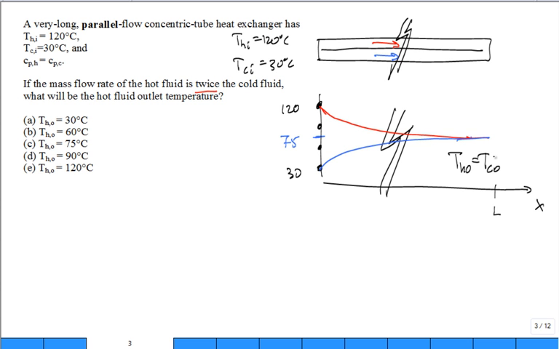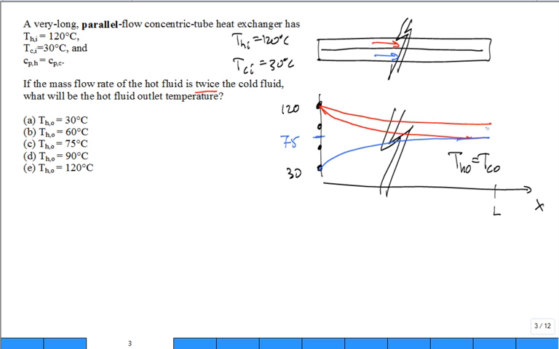Yeah. Now, if we boost the mass flow rate, double it, what happens to the red hot curve? It goes up a little bit, doesn't it? Because it's doubling the flow rate. So it's going to come up like this. What does the blue do? Stay in the same position? No, they've got to come out at the same temperature. It's infinitely long.